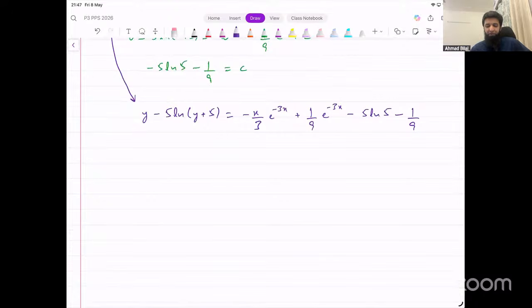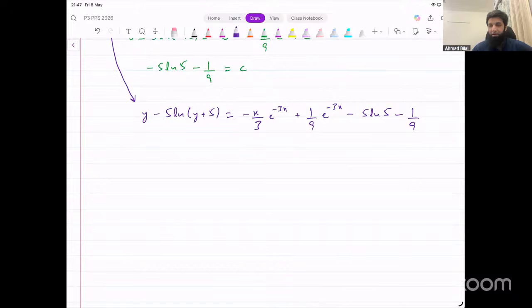Are we allowed to just leave it like this? Can we just leave it like this and say this is the final answer? Or no? What do you think? Is it okay to leave it as it is? This was considerably harder than other exams, so it was not marked.